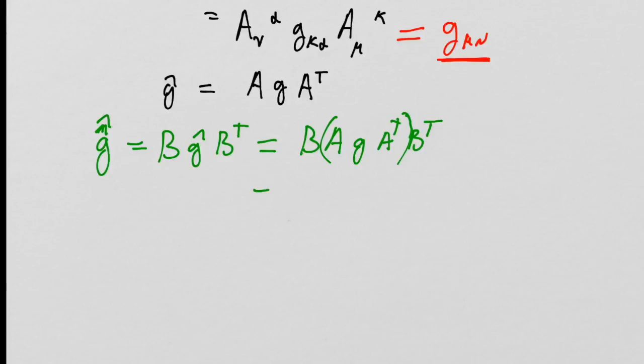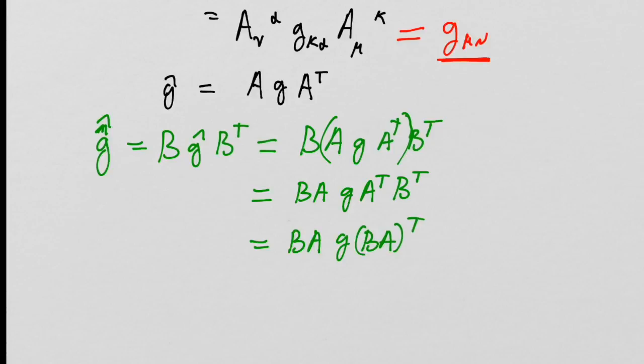And then because everything is associative, and here's where associativity is a big deal, I end up with B, A, G, A transpose, B transpose, which we know how transposes work from linear algebra. It's B A G, B A transpose.